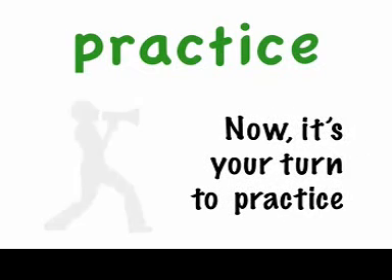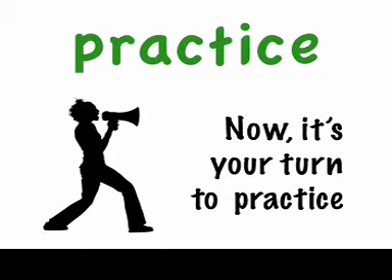Now it's your turn to practice some of the words we have studied in this episode. You'll hear a series of sentences with a word blanked out or replaced with a beep. Repeat the whole sentence, but say the missing word.